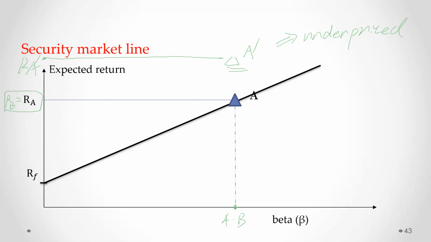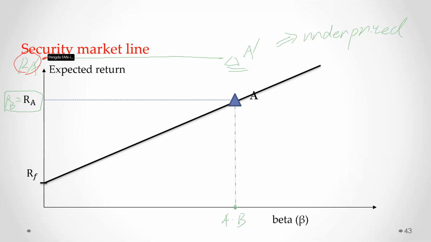So I think every rational, I mean risk-averse, investor should prefer to purchase A right now, because even though A and B have the same risk, A now provides a higher expected return, which is higher than B.